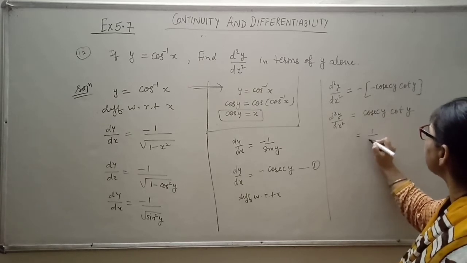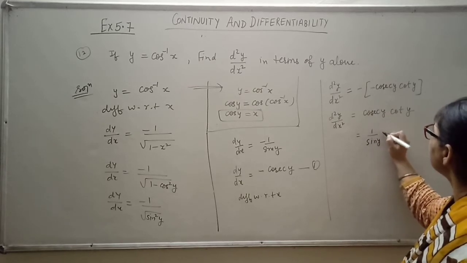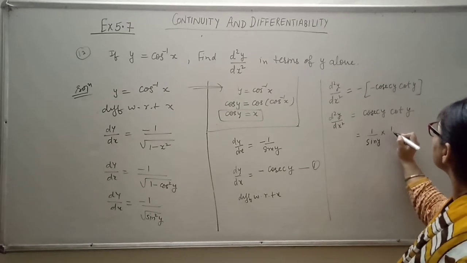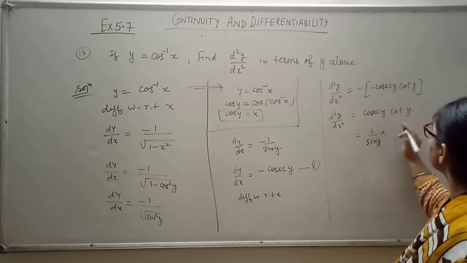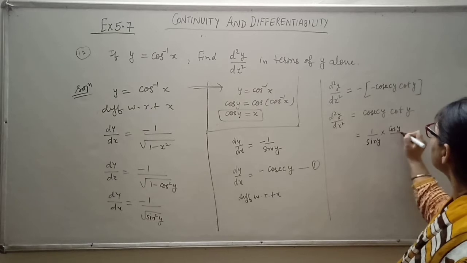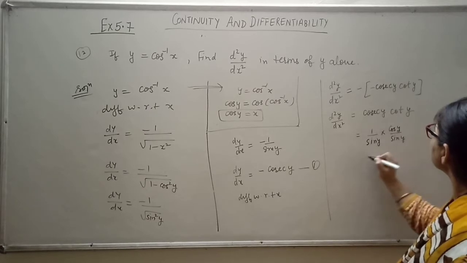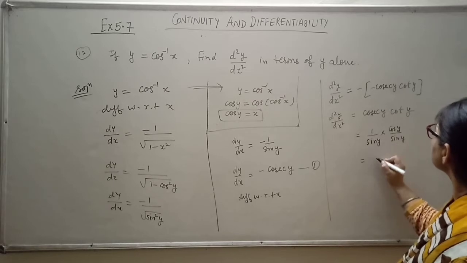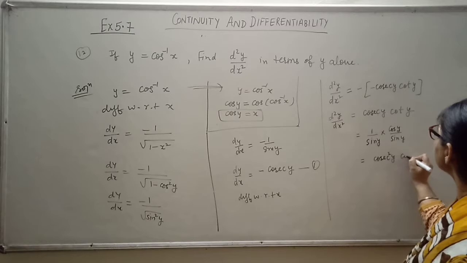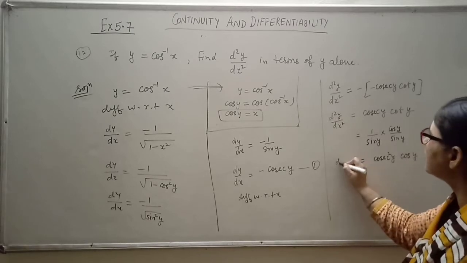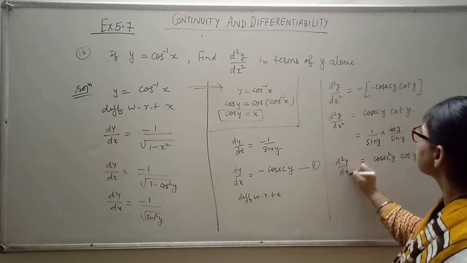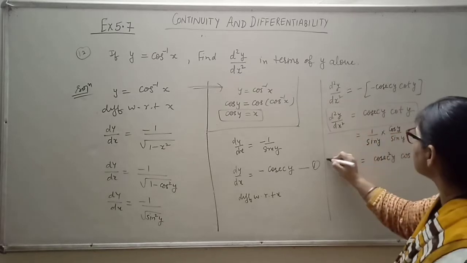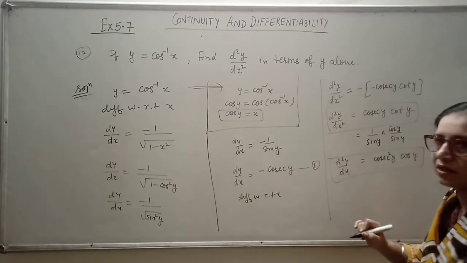If I simplify this, cot y is cos y upon sin y, so it can be written as cosec square y cos y also. It could be written in this way. We can write the answer this way too.